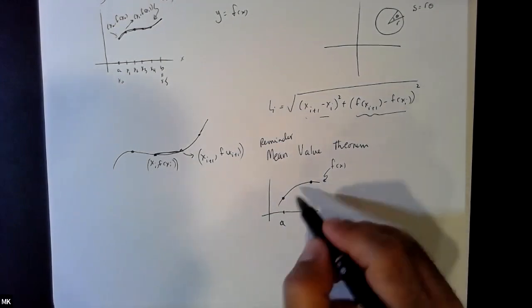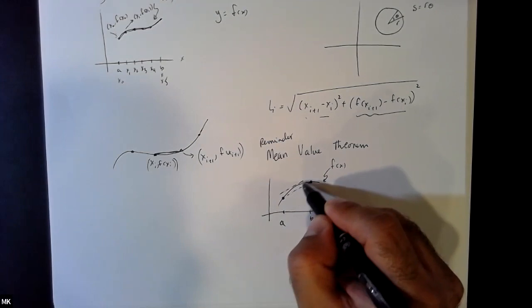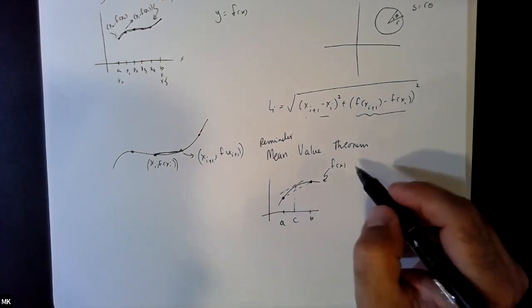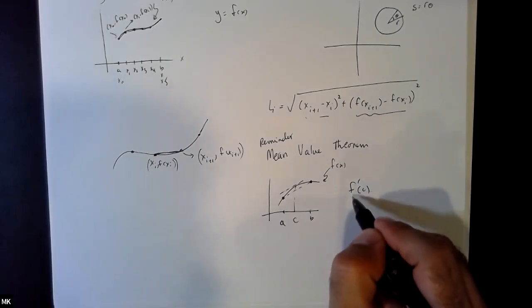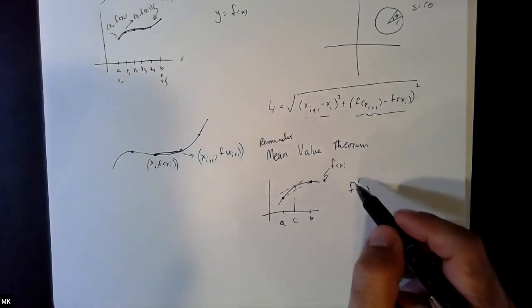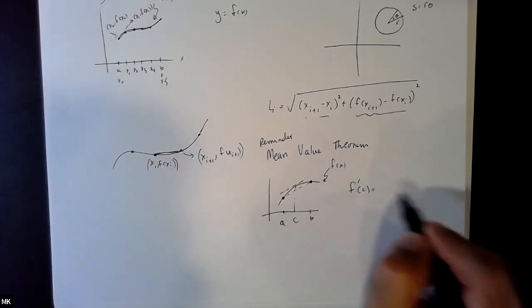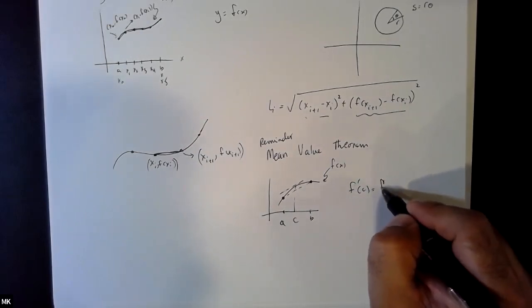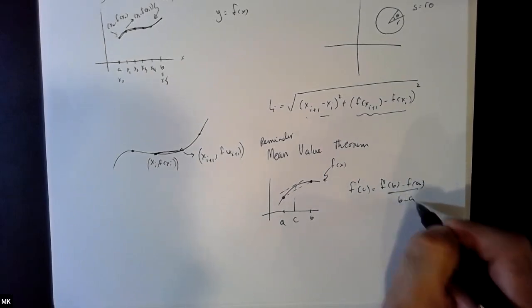The mean value theorem says that there is some c where f prime of c, the instantaneous rate of change or slope of the tangent line, whichever you want to call it, is equal to f of b minus f of a over b minus a.